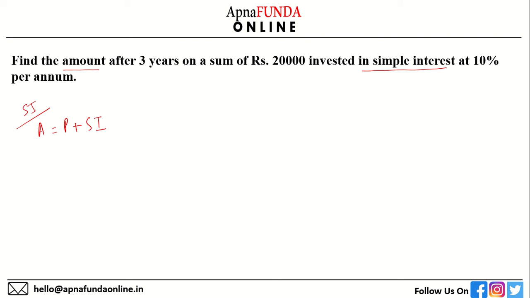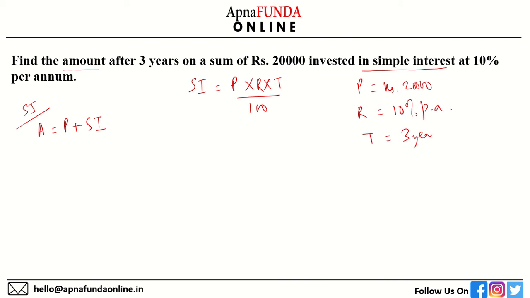Correct. Now, simple interest is equal to principal into rate into time period divided by 100. So principal in this case is rupees 20,000. Rate of interest is 10% per annum, and the time period is 3 years.